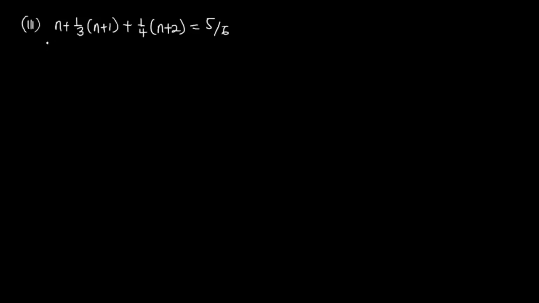So it becomes 12 multiplied by n, that gives me 12n, plus 12 multiplied by 1 over 3 into bracket n plus 1, plus 12 multiplied by 1 over 4 (n + 2) is equal to 12 multiplied by 5 over 6.